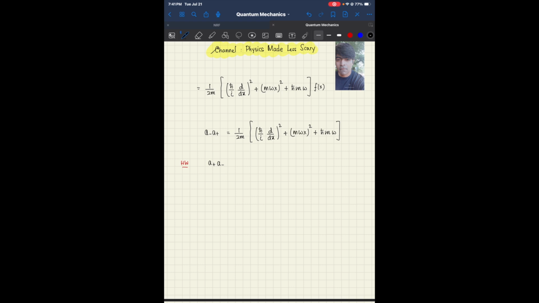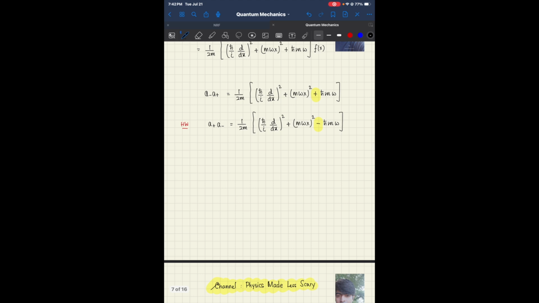You will see, in fact, this would be almost the same as this, except a crucial sign difference. I'm being lazy, but yeah, there will be a crucial sign difference, or in other words, this would be minus. Okay, let me highlight it for you. This is plus, this is minus. Crucial sign difference.